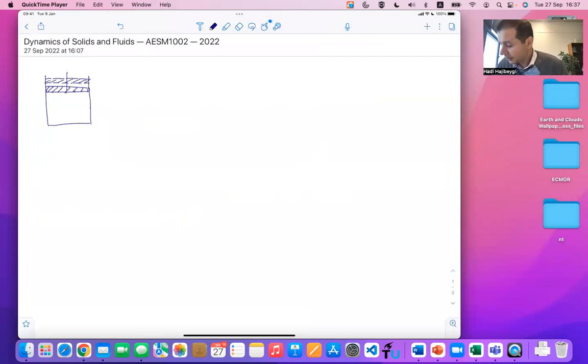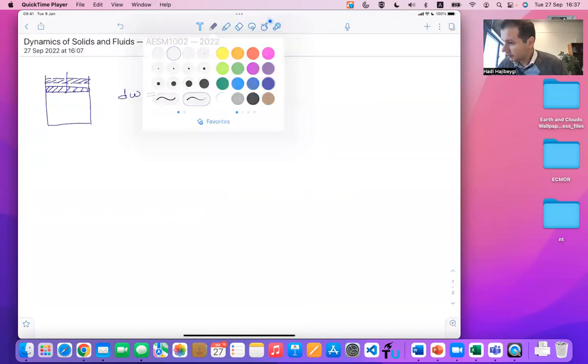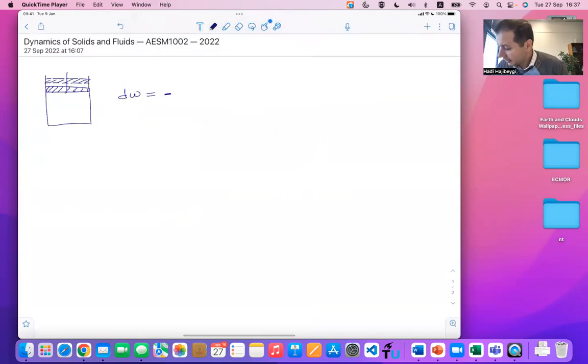Then the small amount of work that has been performed on the system is minus pressure times the change of the volume.